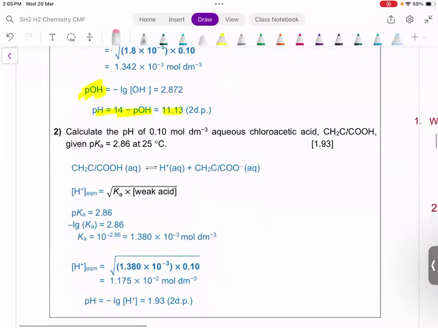It should be quite straightforward. You let your acid dissociate into two parts, H plus and the conjugate base. Then you just do the square root of Ka. Again, you can assume this to be the initial instead of the equilibrium concentration. When you take it to be the initial, you simplify the process, then you can calculate the value. Everything to 2 dp.